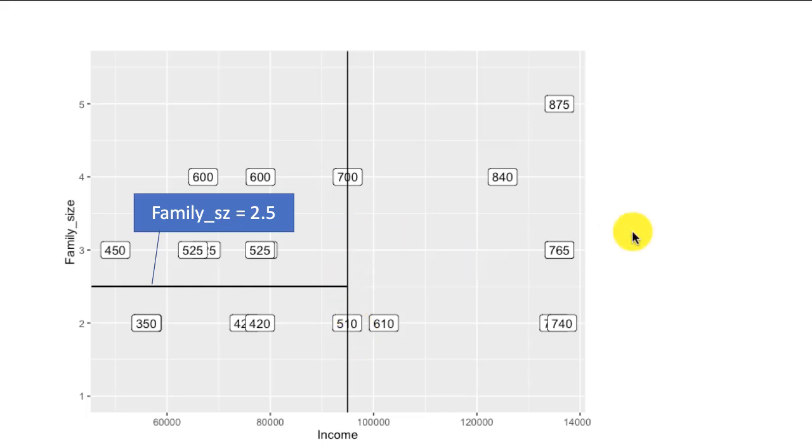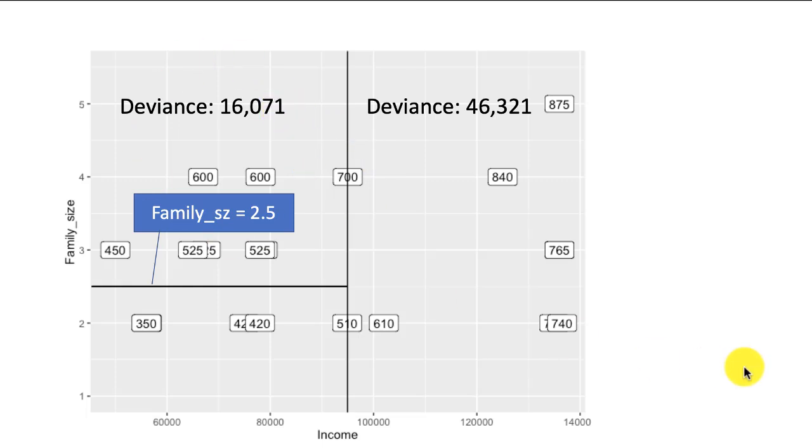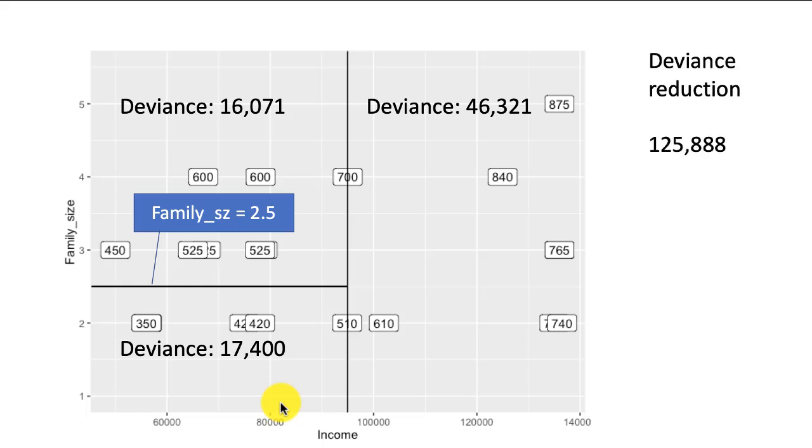Now let's calculate the deviance. Of course, this deviance remains unchanged, 46,321, because we didn't split this. But this one we did split, so we now have a deviance of 16,071 for the top part and a deviance of 17,400 for the bottom part. Now all of these are calculations. If you like, you could go and actually verify them with R. So the deviance reduction: earlier we had a deviance of 125,888.